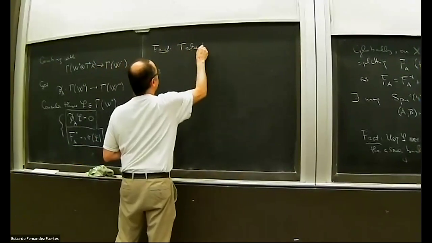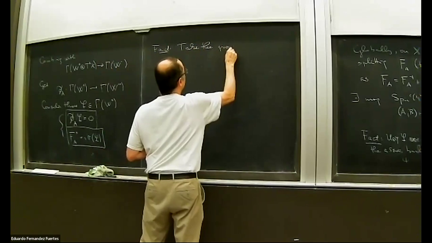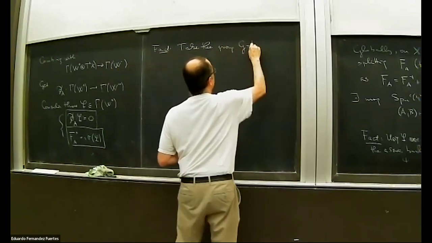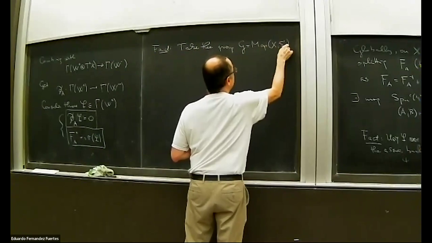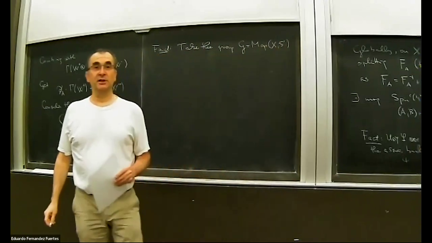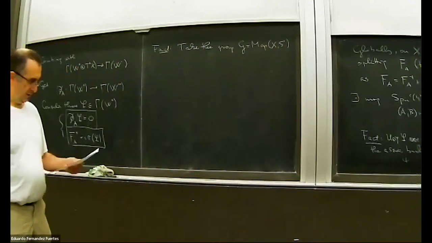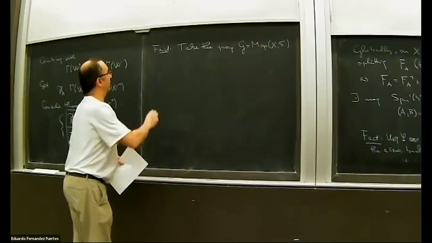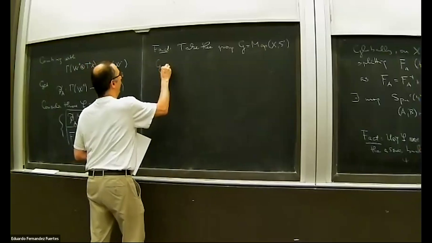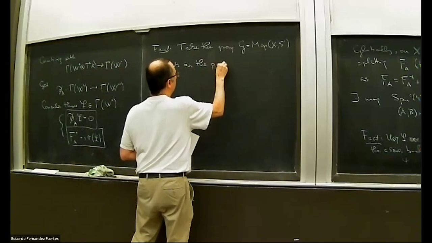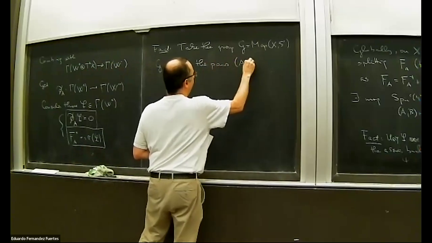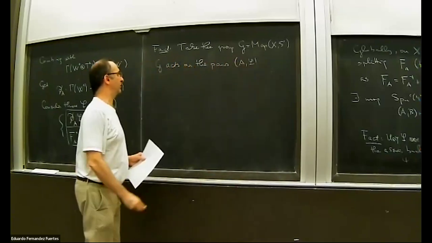Take the group G, which is just C infinity maps from the manifold X to S1. And this has an action: G acts on the pairs (A, phi) as follows.